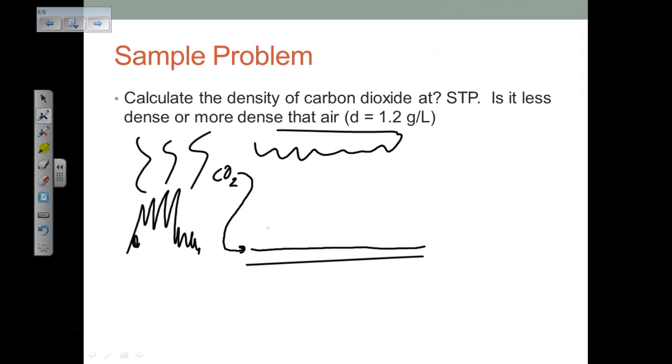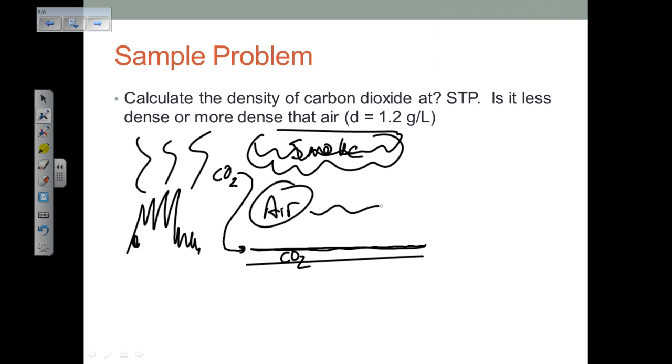The air is what's going to be found here. So you've got to be careful when you're crawling around in a fire, because of the CO2 on the floor, you can suffocate because of carbon dioxide. But then you don't want to get too high because the smoke's going to be up here. So you don't want to die of what they call smoke inhalation. So air right in the middle. Life is pretty cool.